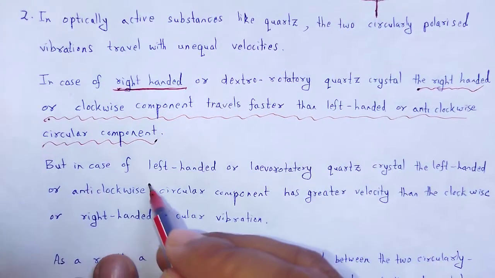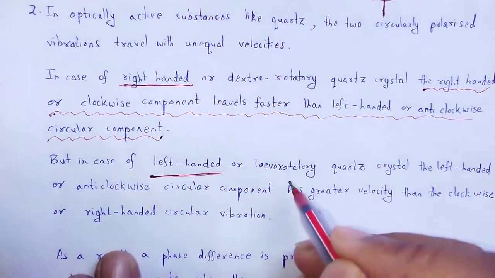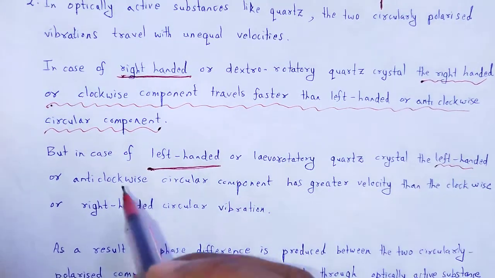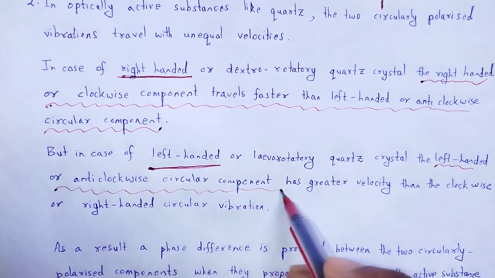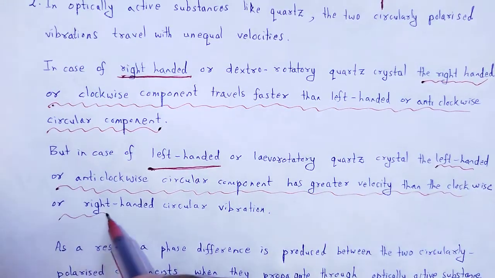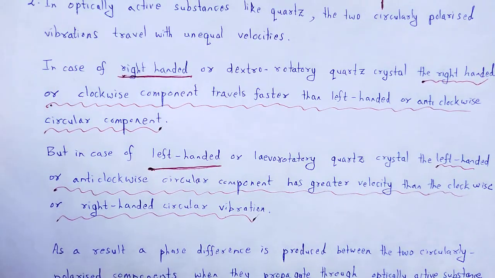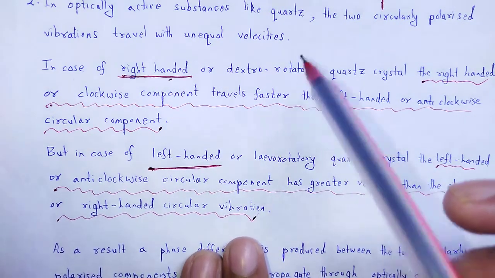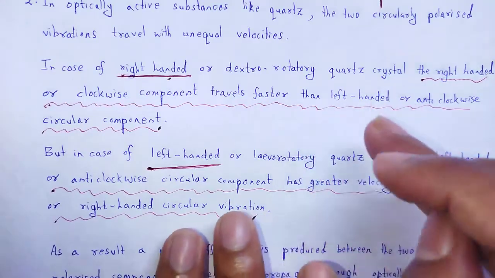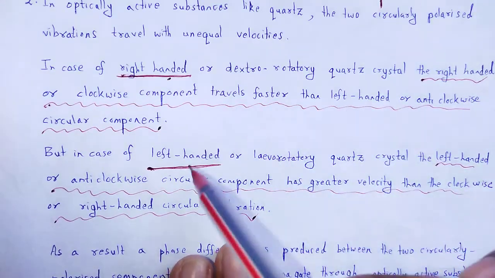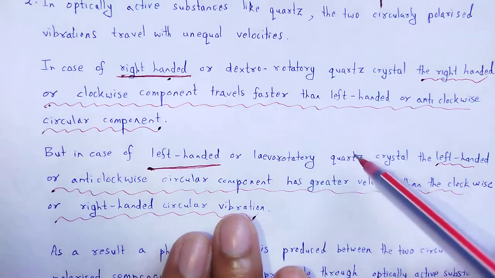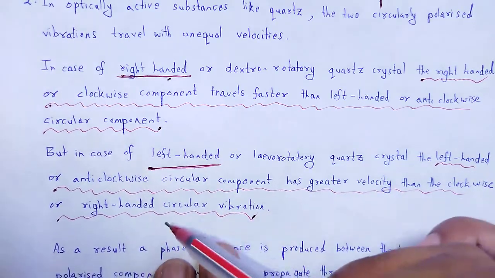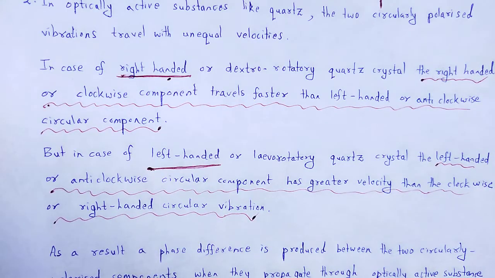Again, in the case of left-handed or levorotatory quartz crystal, the left-handed component travels faster in comparison to the right-handed component.